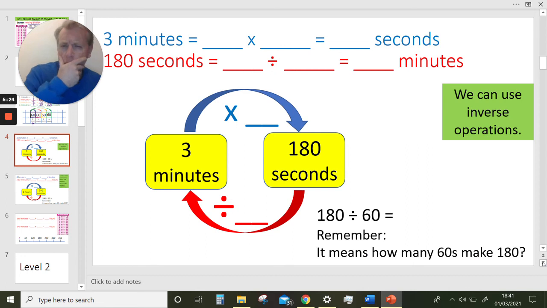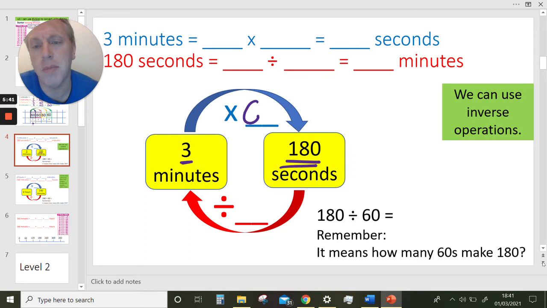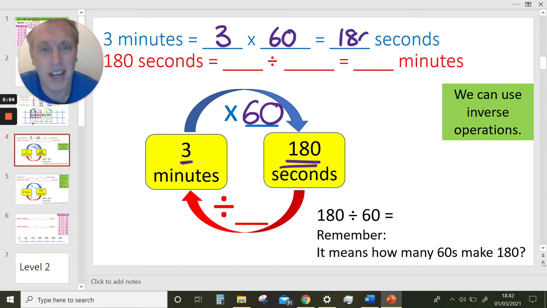Okay, so I've got one of my little conversion pictures here, and it shows me 3 minutes is 180 seconds. 3 times what makes 180? Remember, each minute is 60 seconds. 3 minutes, times 60 seconds, 180 seconds.